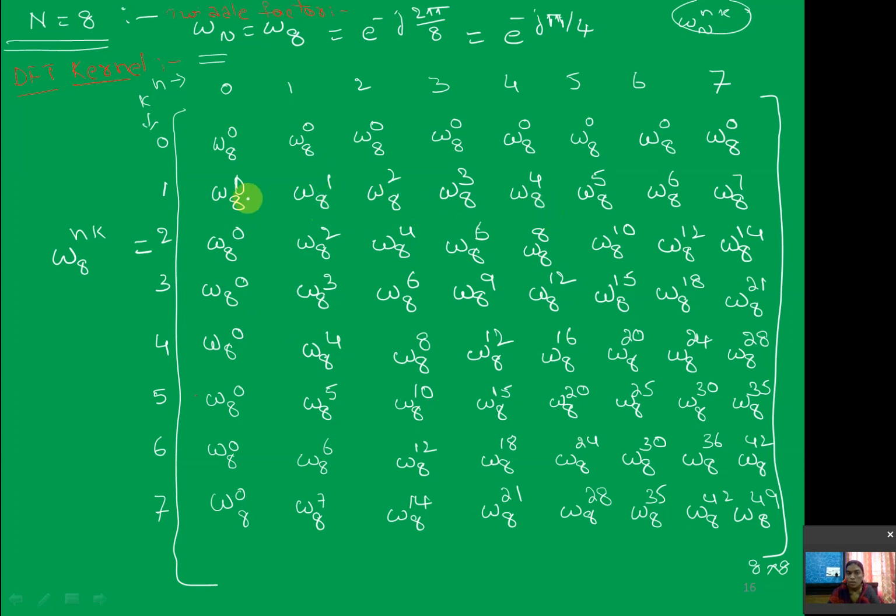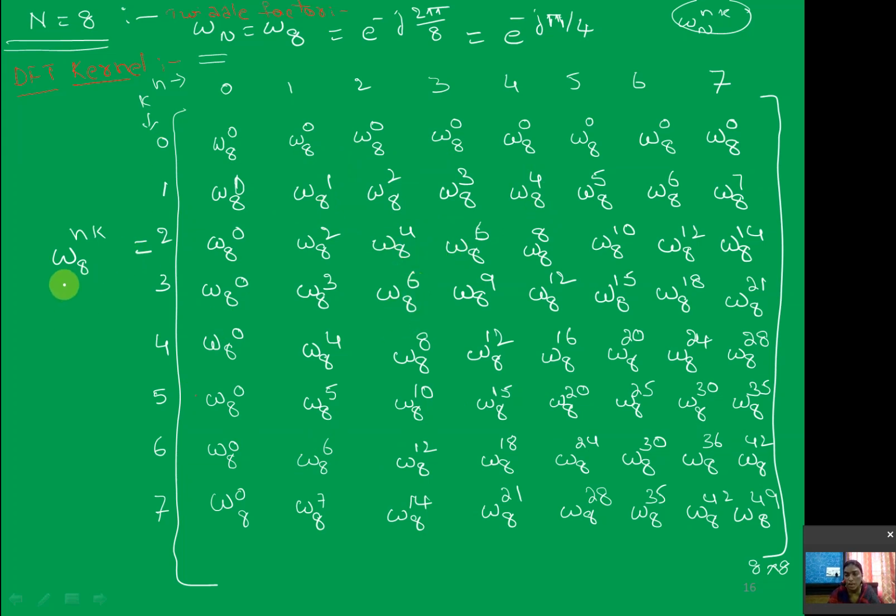That means if you find these 4 twiddle factor values, we can easily find all the remaining values from those properties. So in what way can we find them? We will illustrate here. See here.